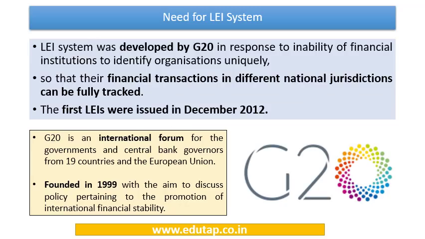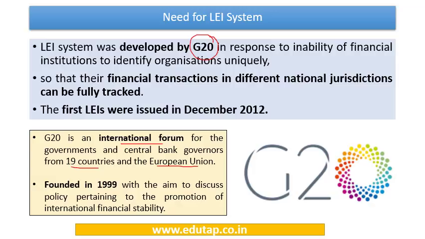Now, why was there a need for such a legal entity identifier coding system? This particular system was developed by G20. Now what is G20? G20 is an international forum in which the governments as well as the governors of the central banks of the top 20 nations, that is 19 countries and 1 European Union, participate and deliberate on important issues pertaining to the economy.